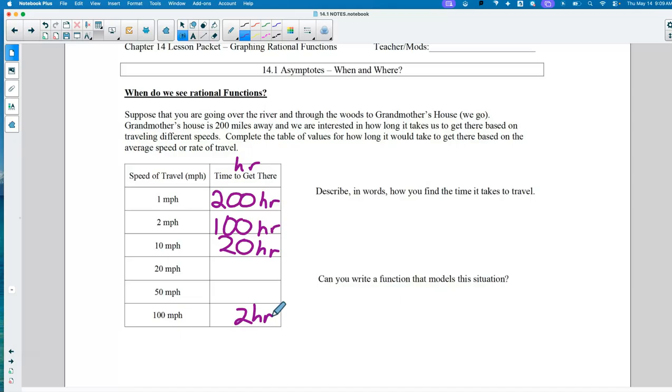What if I went 200 miles an hour? You pull over. Well, it's probably happening at 100. Unless you're in Germany, then maybe not. Just 1 hour.